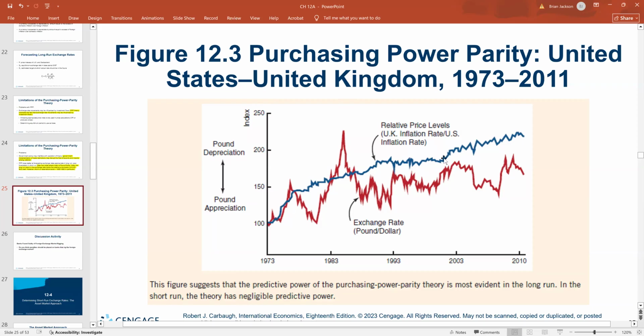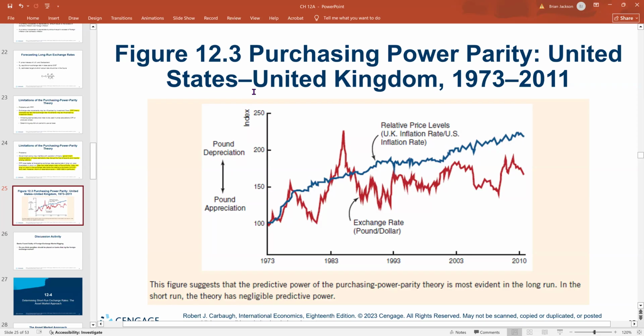And since it's sloping upward over time between 1973 and 2010, that's suggesting that over this period of time, there's a little more inflation in Great Britain than there is in the U.S. That's why it would slope downward if there were more inflation in the U.S. But the way this fraction is constructed, the numerator is larger than the denominator over time. There's more inflation in Great Britain than there is in the U.S. That's why this is sloping upward.